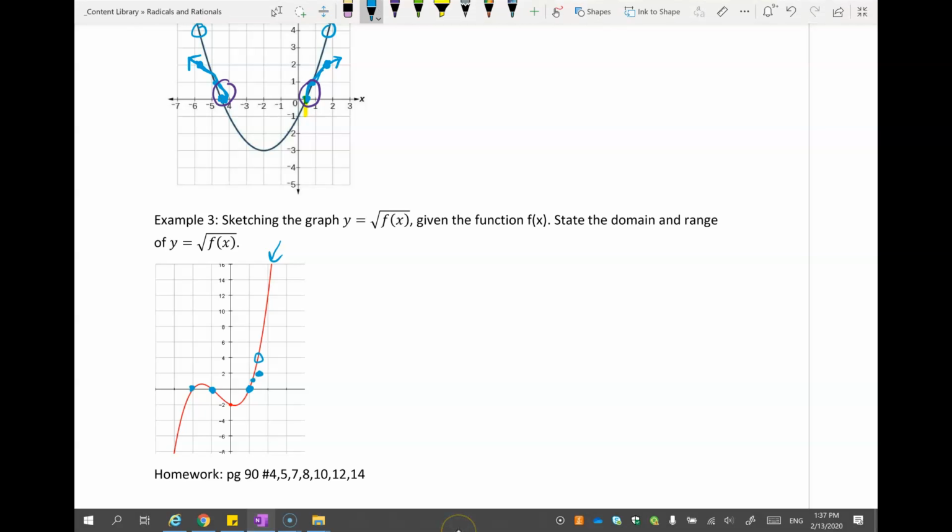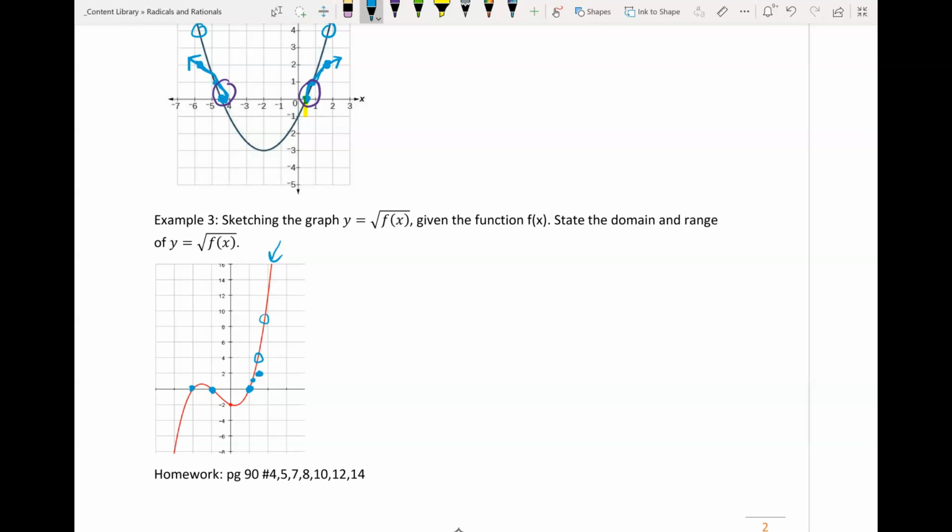And then we have another one at 9, which is over here, and take the square root of that, which is 3. And then lastly, we have one here. You can take the square root of 16, which is 4, and try to keep the same x value. So this is what your graph is going to look like. And we're done with that section of our graph.